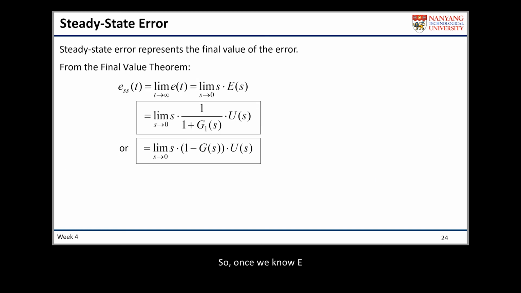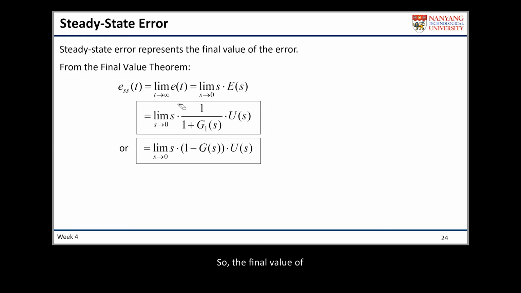So once we know E, we can assess the accuracy of the closed loop system. How to do that? Same as what we discussed before. If you want to assess the accuracy of a closed loop system, you just have to find the steady state value of E, the steady state value of the error, or the final value of the error. Of course, you can simply use the final value theorem.